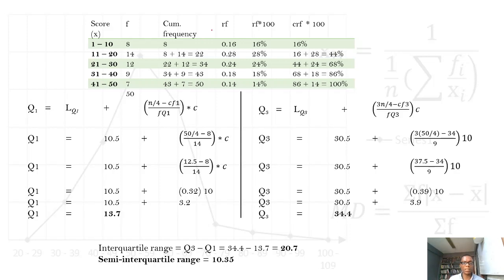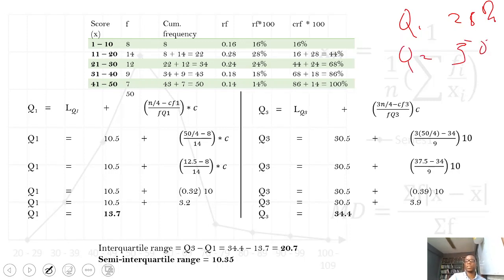We will also need the relative frequency. The relative frequency, particularly the cumulative relative frequency, will help us know where the different quartiles fall. Don't forget, Q1 is 25%, Q2 is 50, Q3 is 75. So we're interested in Q3 in this case.